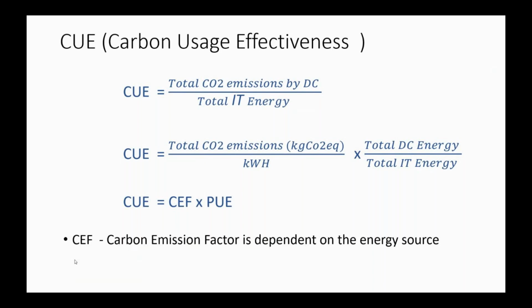And carbon emission factor, as you're saying, Sammy, is dependent on your energy source. If it's fossil fuel, like a coal burning power plant supplying you, you're going to have a number greater than one. And if you're a green power source, let's say solar or wind or geothermal or whatever, then that number is going to be smaller. So at the end of the day, you could influence what you're doing by also changing your carbon emissions factor.